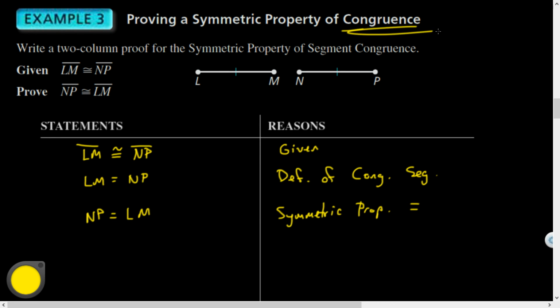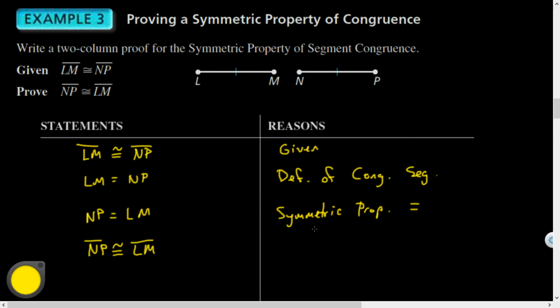Now I'm proving the one about congruence here, okay? Look at this. Wow. How cool is that? I love it. I think I can write my last step. NP is congruent to LM.